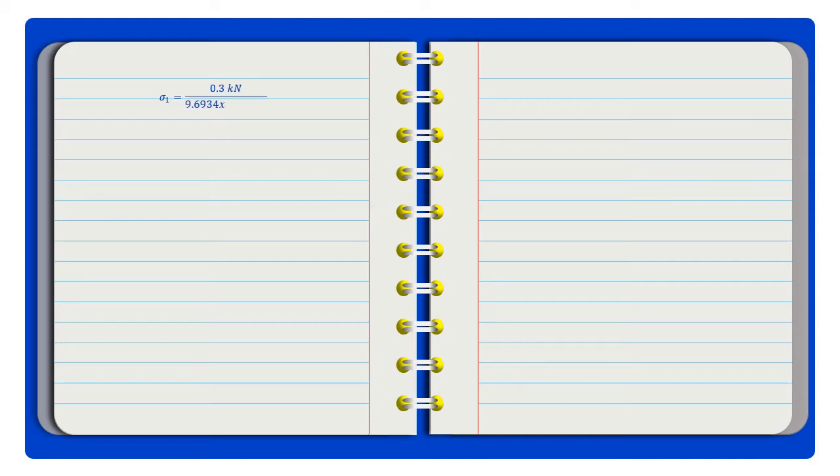So we can see that sigma 1 is equal to 0.3 kilonewtons divided by 9.6934 times 10 raised to negative 4. So calculating this one using our calculators, it will give us 309.4889 kilopascal.